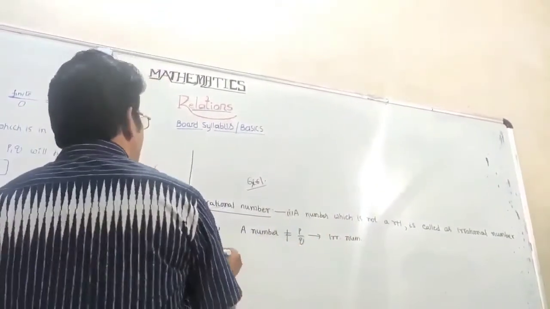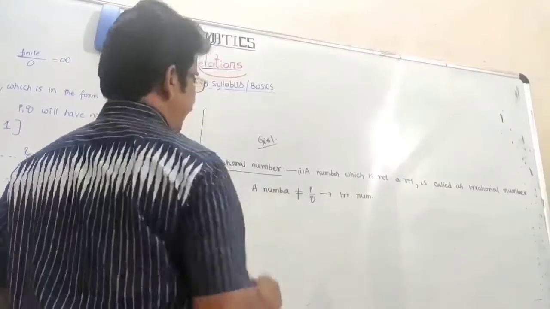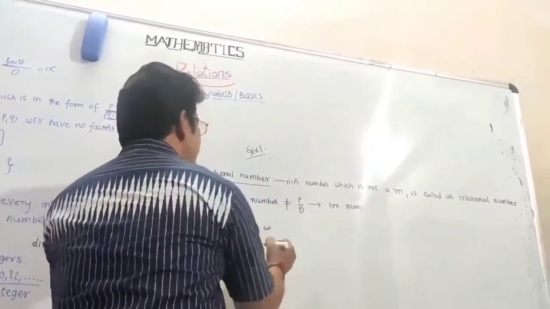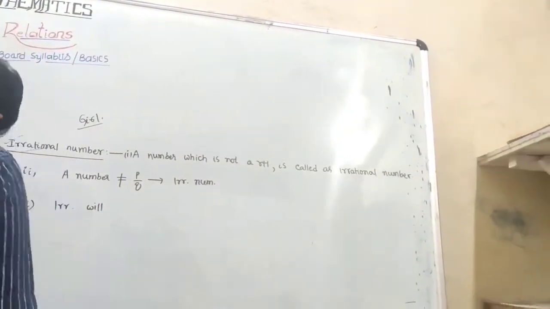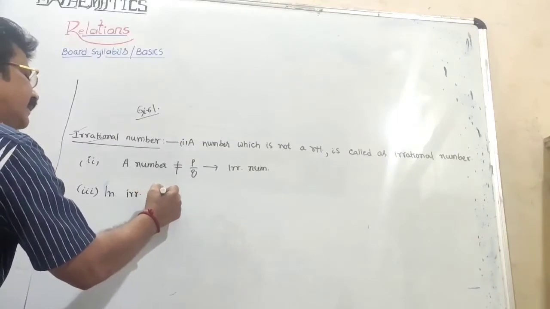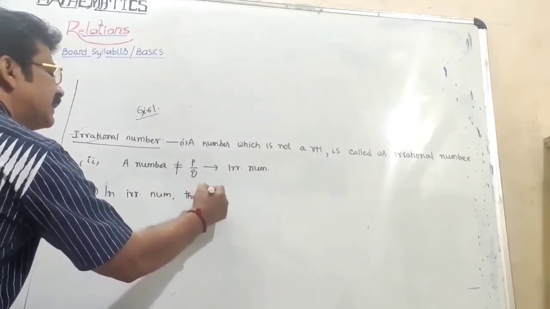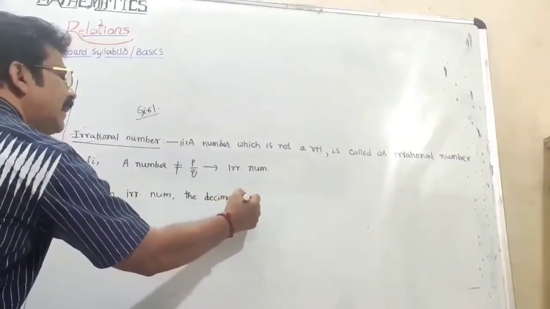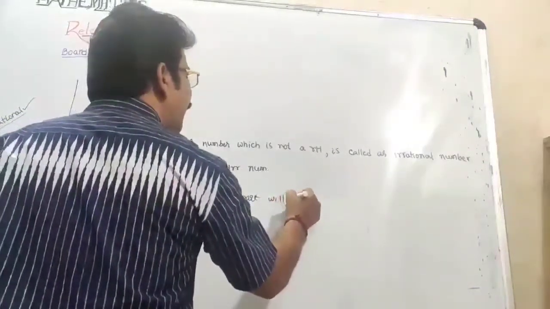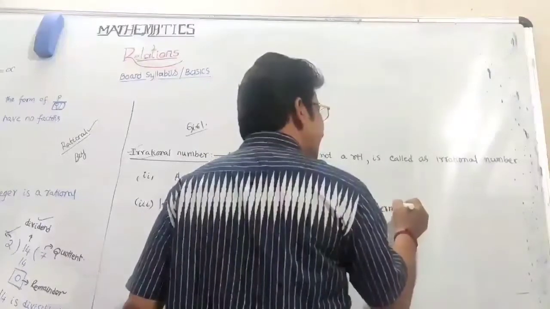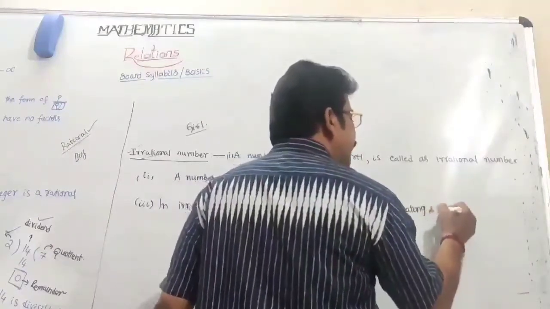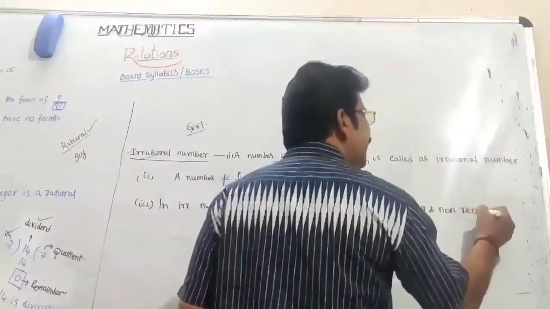Next, another point: in an irrational number, the decimal part will be non-terminating and non-recurring.